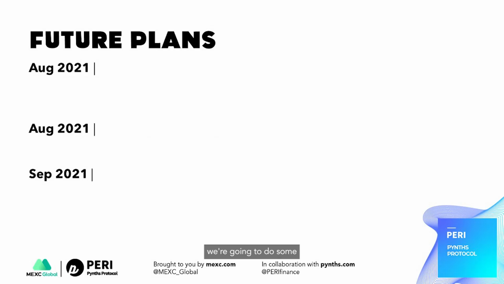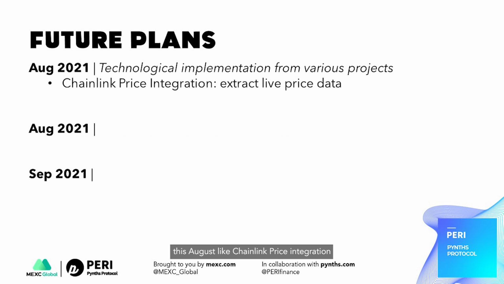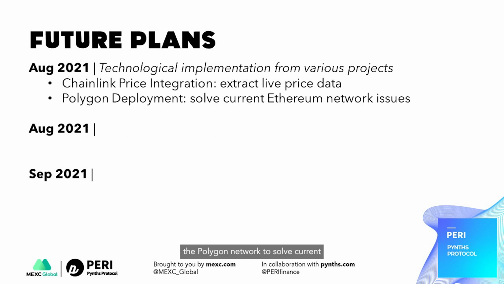At first, we're going to do some technological implementation from various main projects until this August, like Chainlink price feeds to get live price data from the Chainlink middleware, and also the Polygon network to solve current Ethereum network issues like high gas fees and low transaction speed.